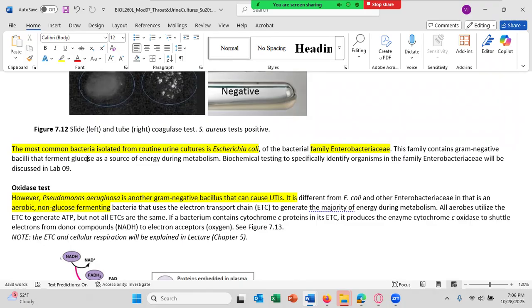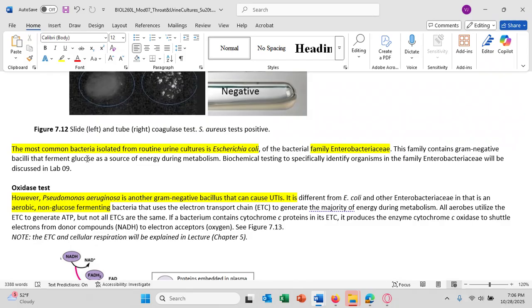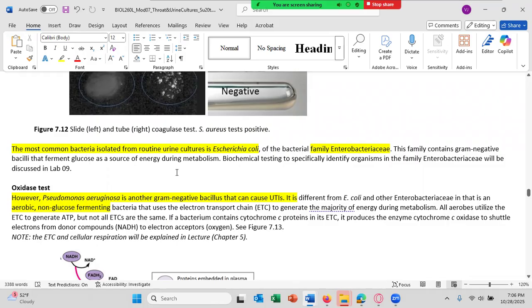They're both gram negatives. Oh, yeah. The family Enterobacteriaceae, all members are facultative anaerobes. The members of Pseudomonaceae, all members are aerobes. So those are three ways you can tell the families apart.